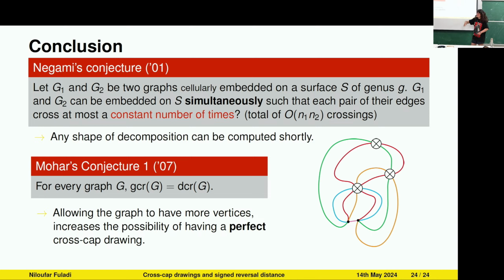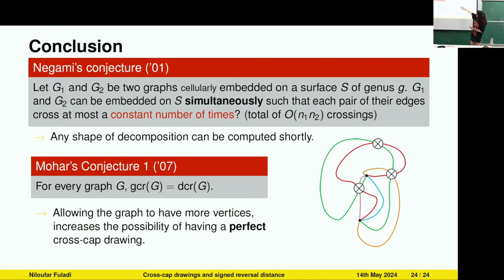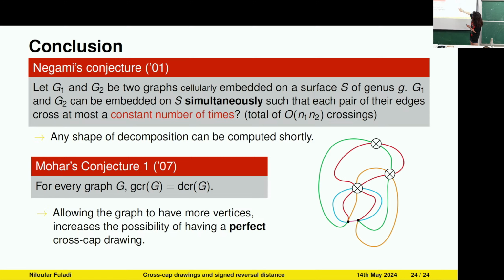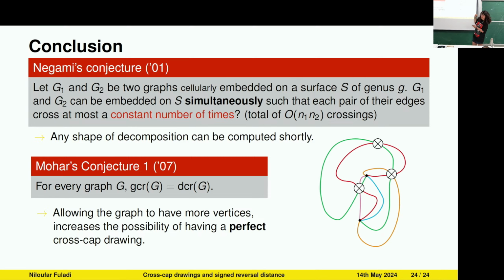So in the case that you have more than 2 vertices, you can move this vertex here through this cross-gap, like this. And now you have a valid cross-gap drawing, but nothing is entering anything more than once. So when the number of vertices and everything increases, the chances are higher to find the perfect cross-gap drawing. So this is what I wanted to mention.